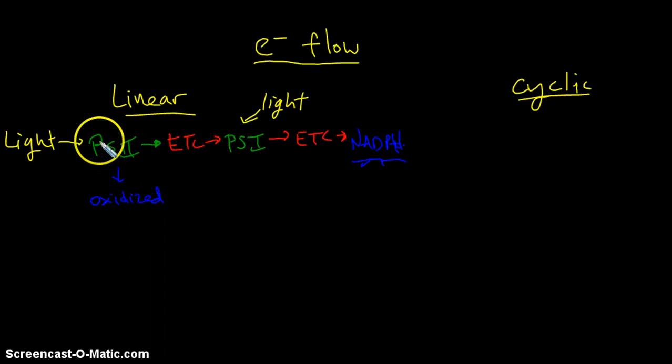So the question becomes, where will photosystem 2 get electrons to replace those that were lost to the initial electron transport chain? And the answer to that is water. Water molecules will be split apart within photosystem 2, and then the electrons from water will be used to replace those lost to the electron transport chain.